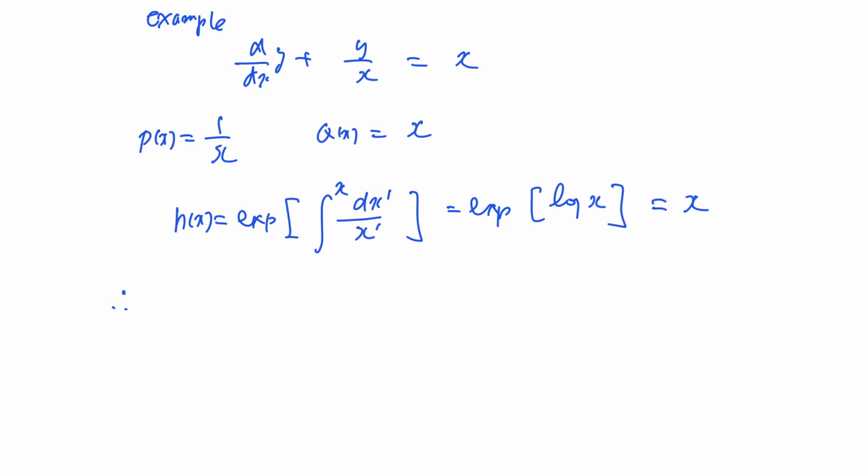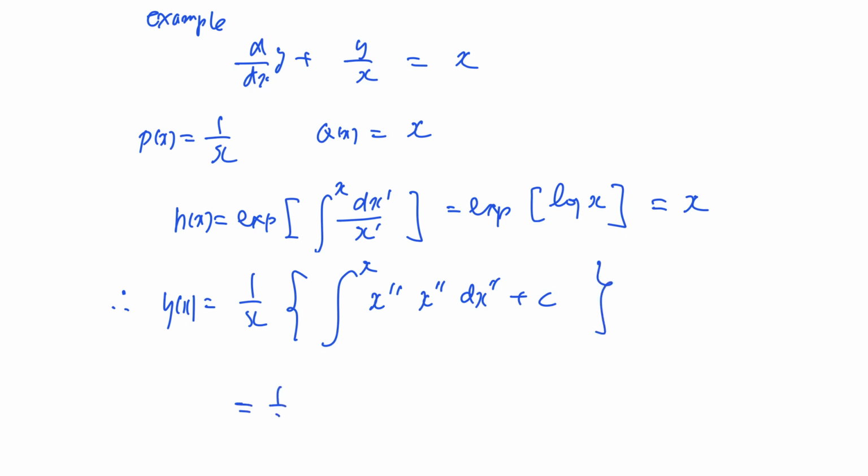So y(x) is actually 1 over x times the integral of x' q(x'), that is x'² dx', plus c, right? Which is, when you integrate x squared, x cubed over 3 plus c, times 1 over x.